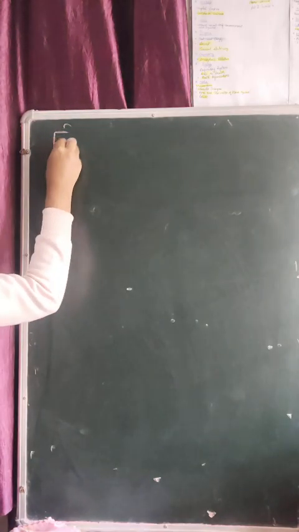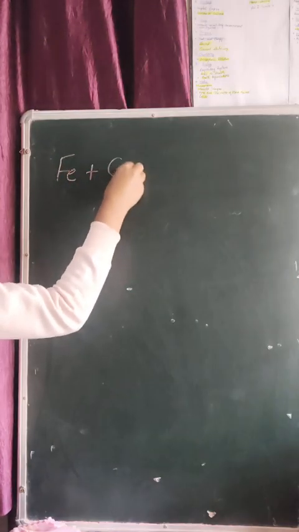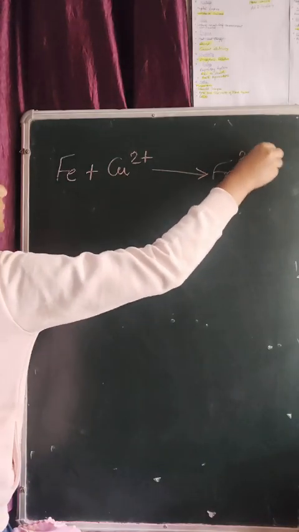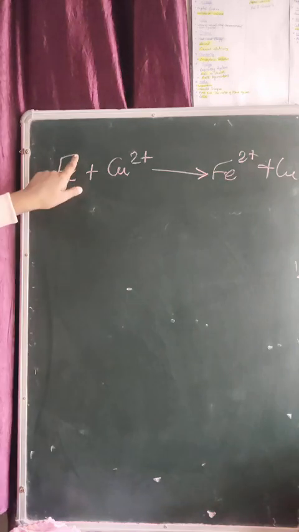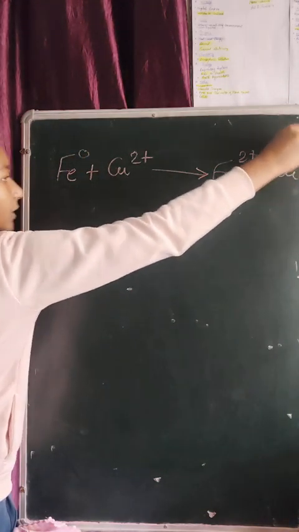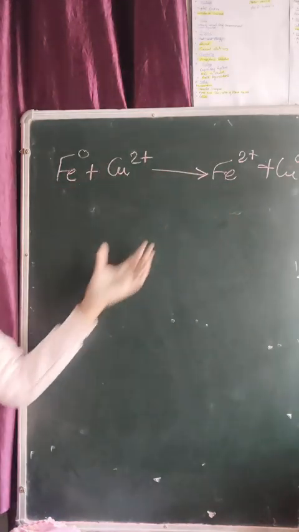Okay, so let us suppose we have Fe plus Cu2+ gives Fe2+ plus Cu. Here nothing means 0. Now what we'll do is take single elements.